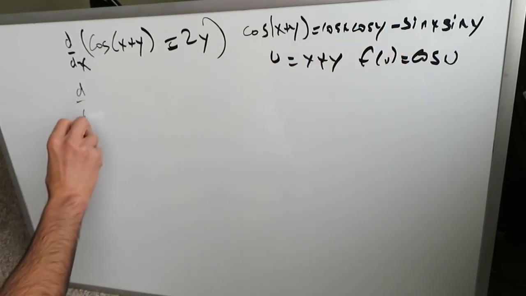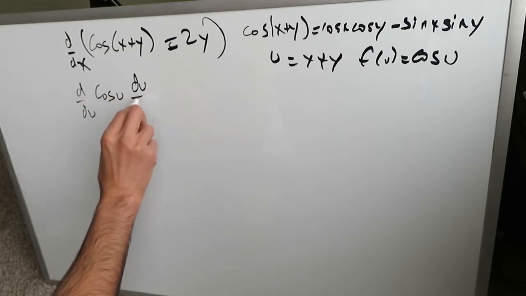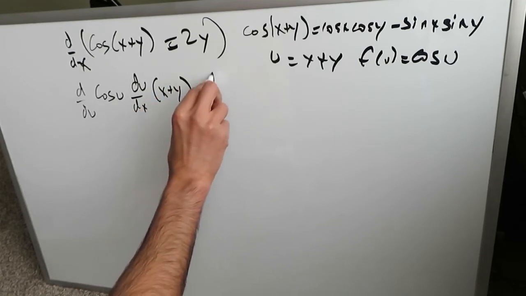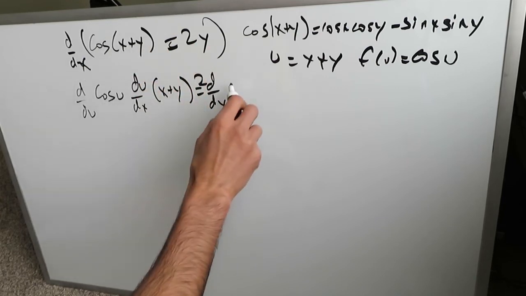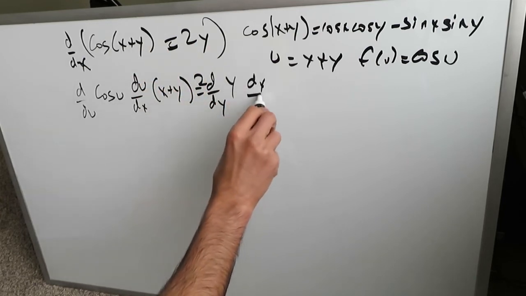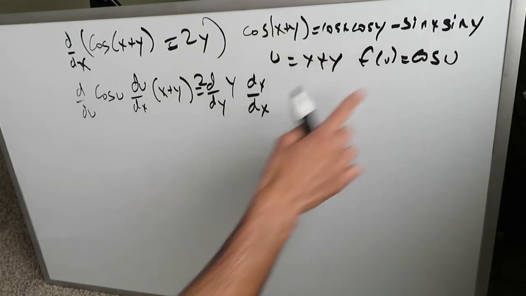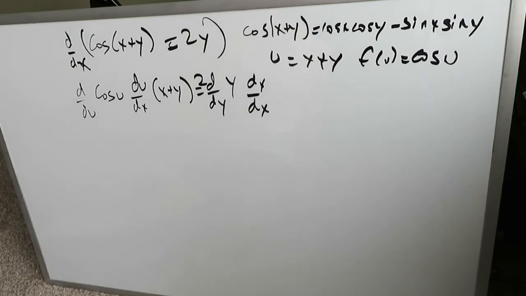Derivative with regards to u, you'll have cosine u, and du over dx, we'll have d over dx of x plus y, which is equal to d over dy, and I can bring the 2 before, the coefficient can be brought before y, dy over dx. Our only main challenge is this part right here, otherwise we would have had a lot of challenges. The product rule over here would have been just a mess.